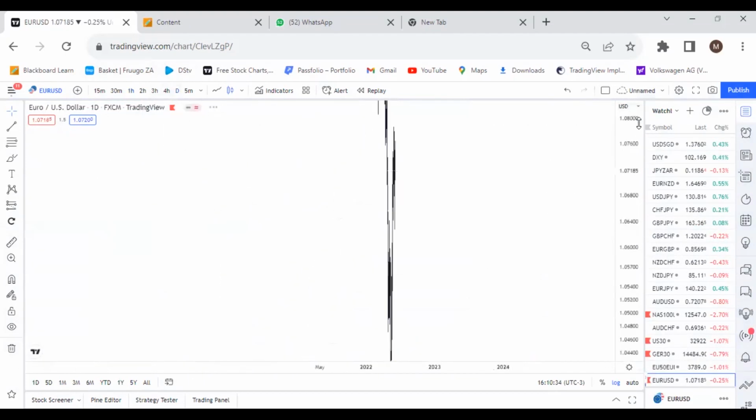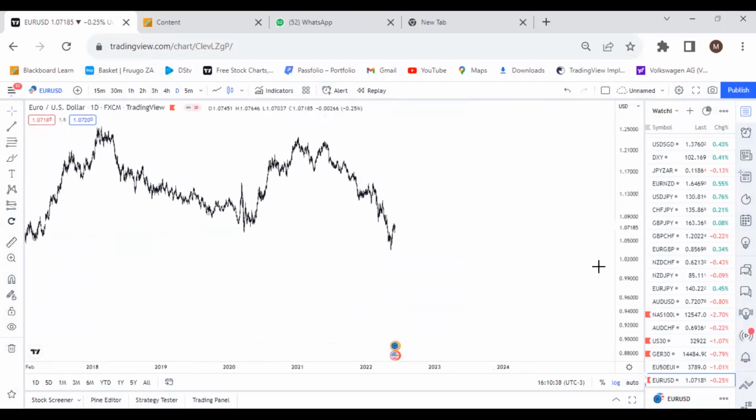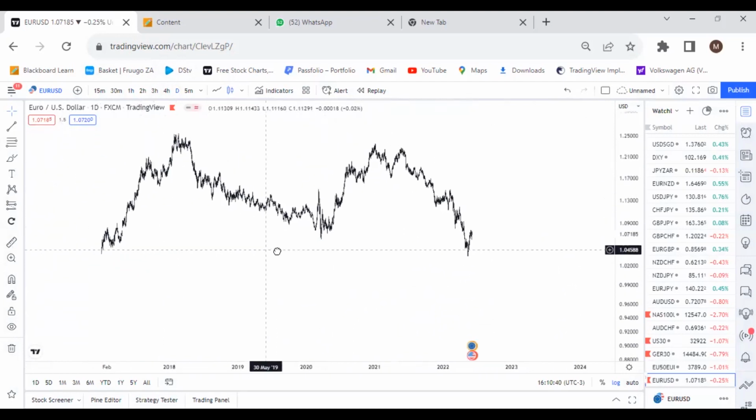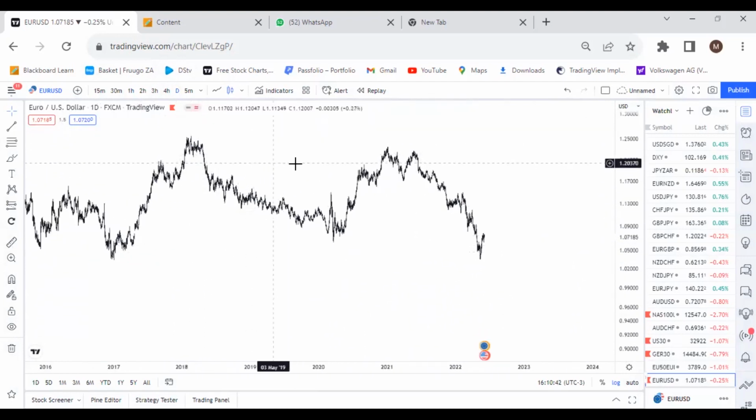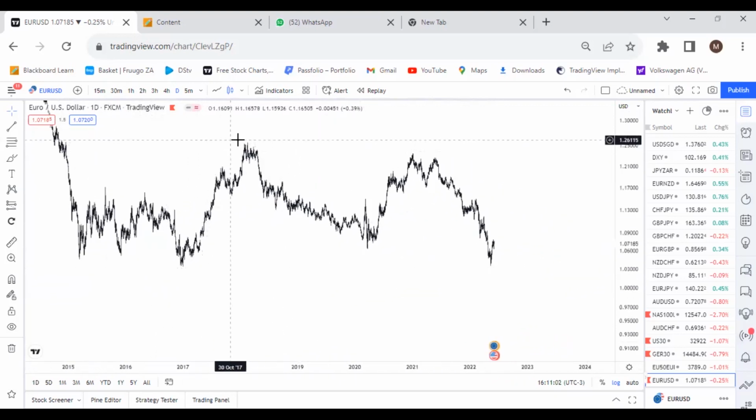Okay, so there's a principle that with currencies, because currencies and indices are quite different, usually with currencies you need to start in probably the highest time frames as possible, so you can get a quick overview of the entire structure.